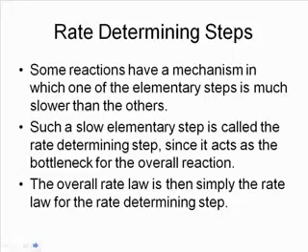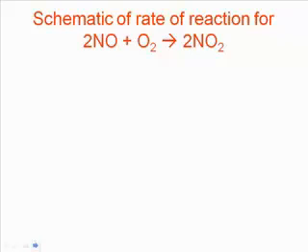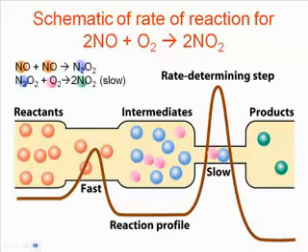So in determining the rate for the overall reaction, we want to look at the slow step in the series. And here's a picture representation. We have a two-step reaction, or two-step mechanism, and the second step is the slow step.